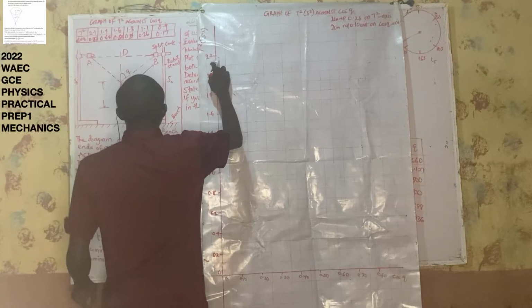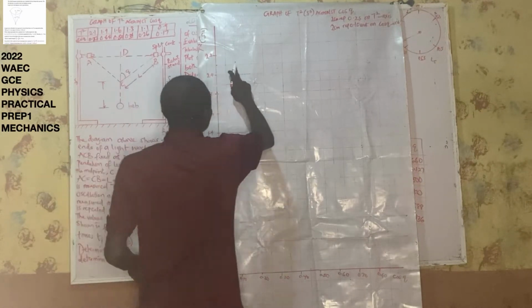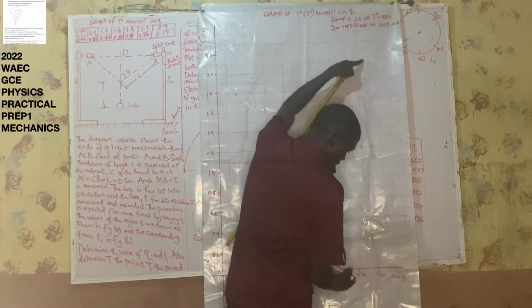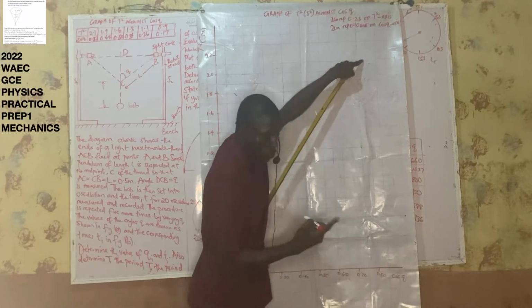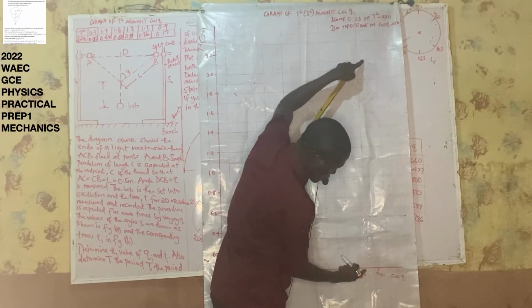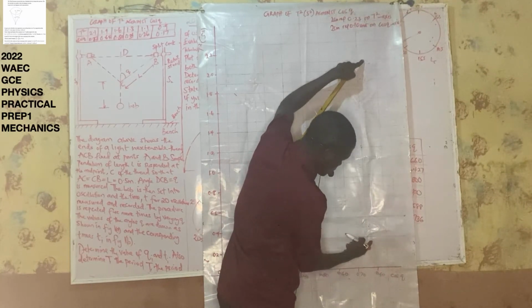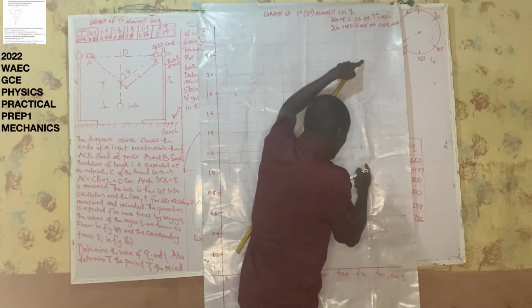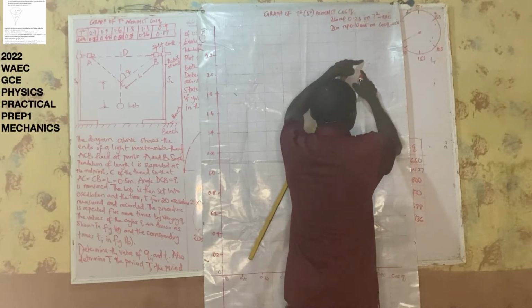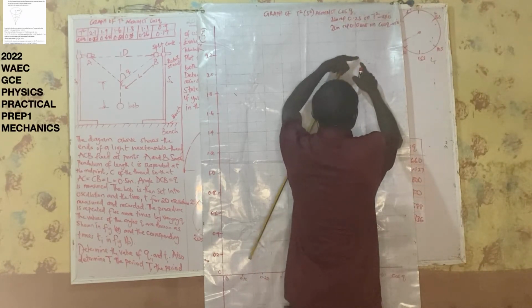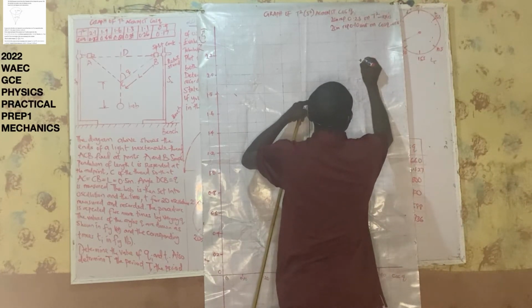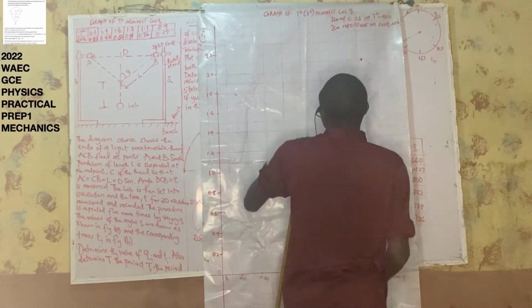So this 2.1 against 0.77. Now 0.77, look at this, this one is 0.1 divided by 10, 0.01. So this one is 0.71, 72, 73, 74, 75, 76, 77. So you chase 77 up here to get to the point of intersection. So this is the intersection here.